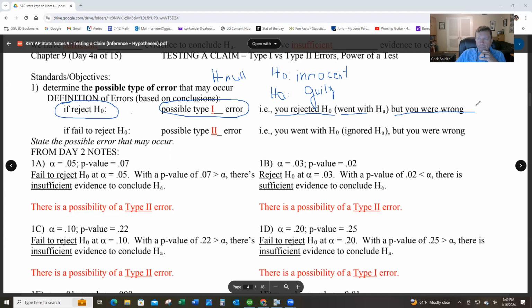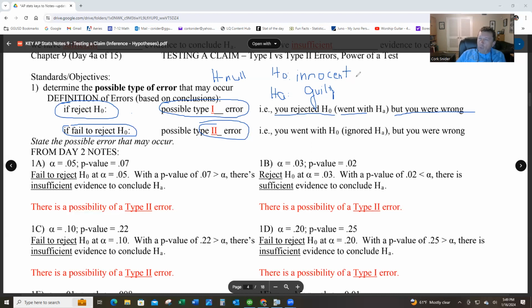A Type 2 error is when you fail to reject H0. Failing to reject H0 basically means we don't have enough evidence to reject it. If somebody brings you evidence, what's your evidence that he murdered him? I saw him 20 minutes before with that woman. That's not good enough evidence to do anything.